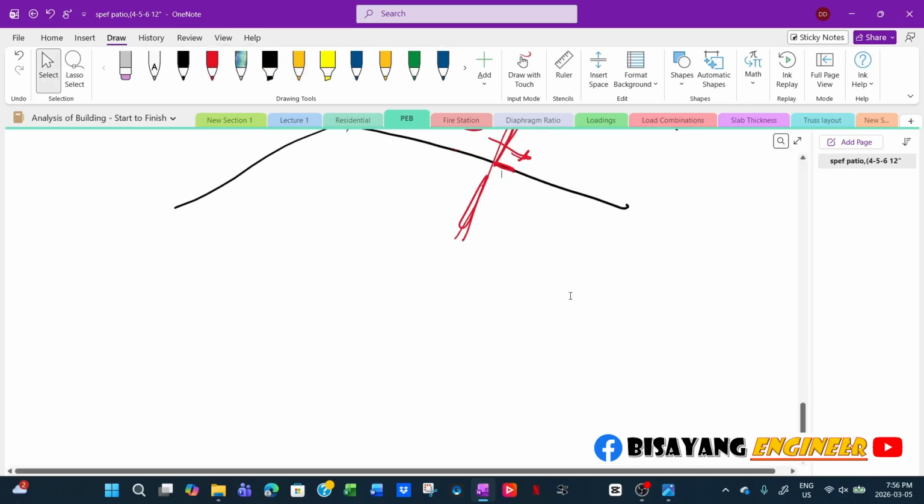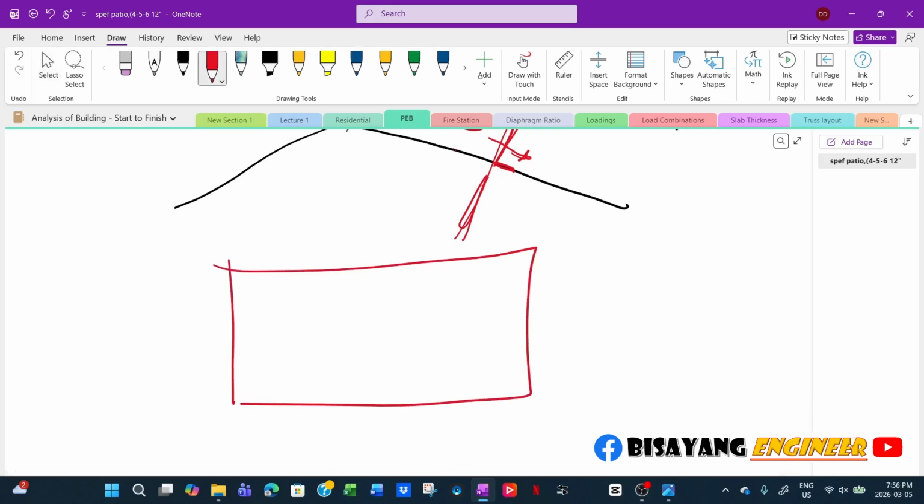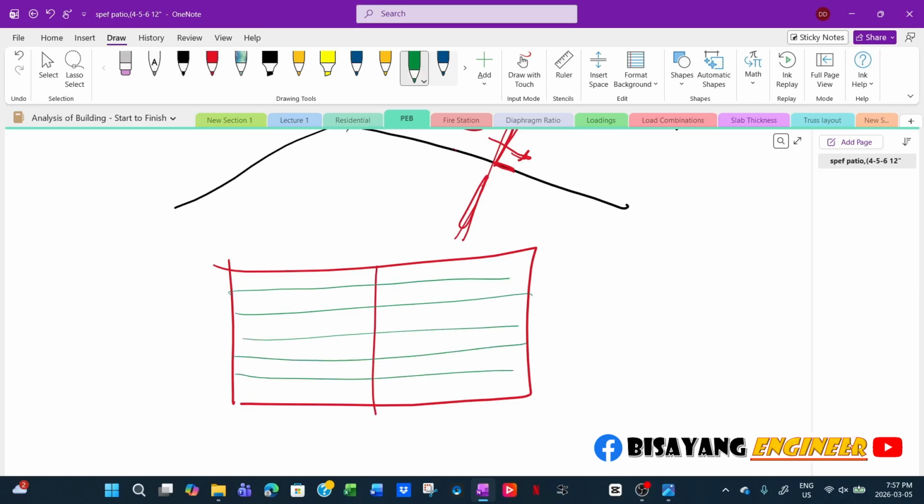If this is your building plan and your purlins span this way, right, this is just half of the ridge of the building, the other half is right here. So this is sloped.